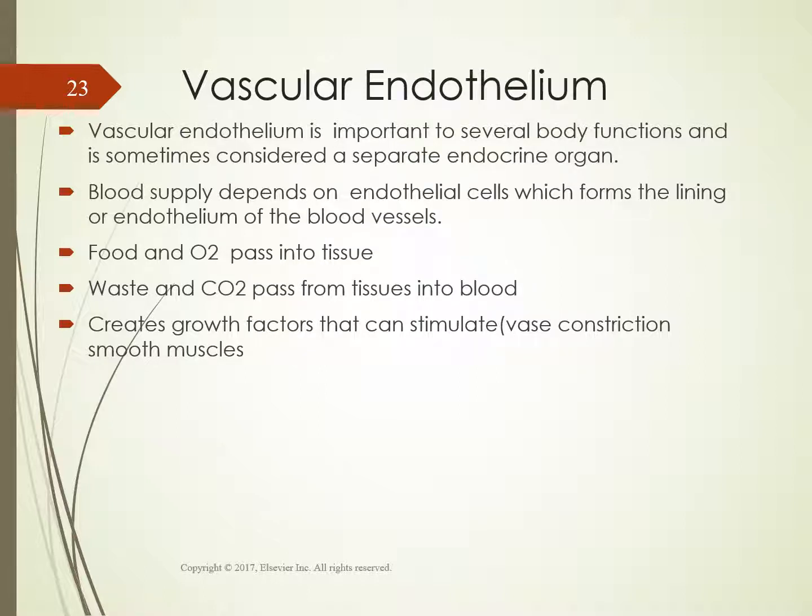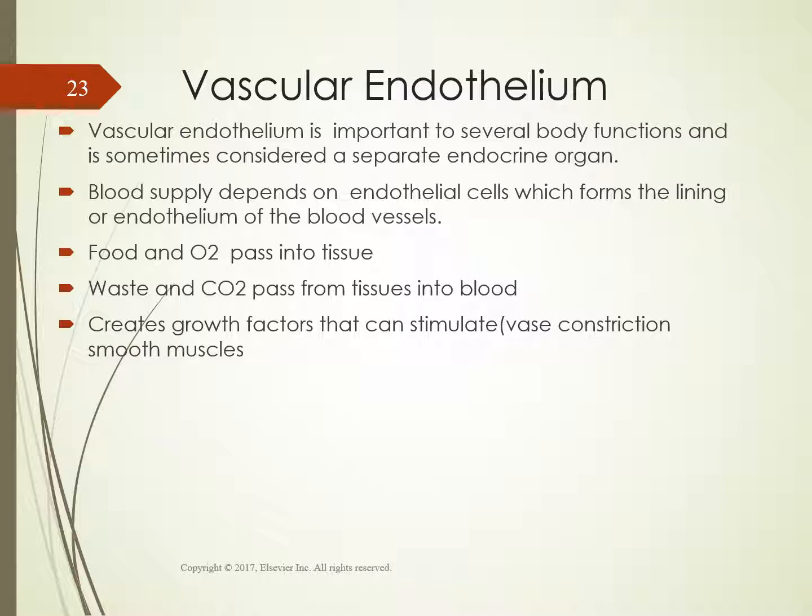The vascular endothelium is important to several body functions and is sometimes considered a separate endocrine organ. Blood supply depends on endothelial cells, which form the lining, or the endothelium, of the blood vessels.